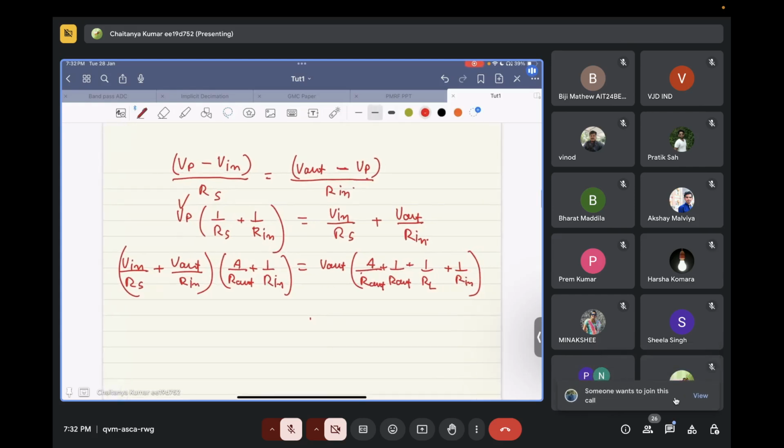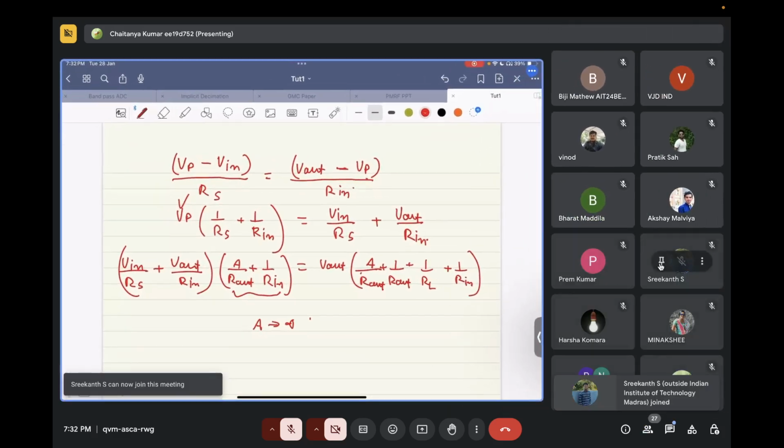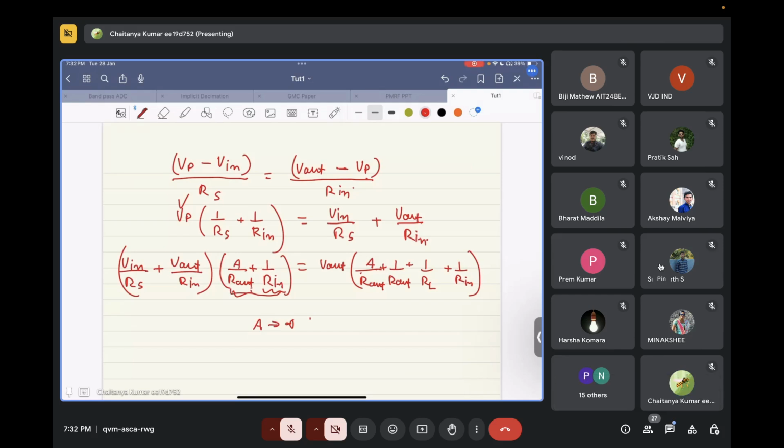Now we shall try to apply the limits on this equation. So A tends to infinity, correct? If A tends to infinity, which of these two terms will dominate? If A tends to infinity, 1 upon Rn in addition with A by R out can be ignored.